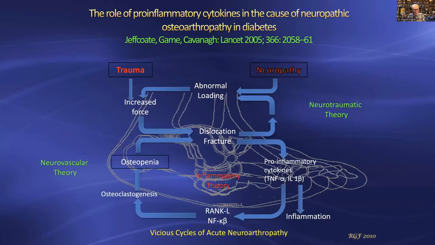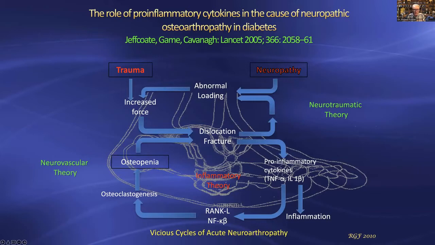But we also know, since Brower and Allman's work in, I think it was 1981, we recognize now the role of the neurovascular theory, or autonomic neuropathy as well, sometimes called now the inflammatory theory, where we have that osteopenic foot sustained fracture with the aggressive release of pro-inflammatory cytokines leading to excessive inflammation, RANKL, NF kappa beta release, osteoclastogenesis.